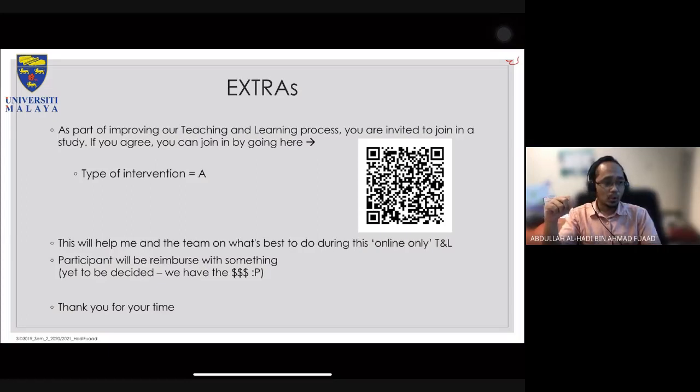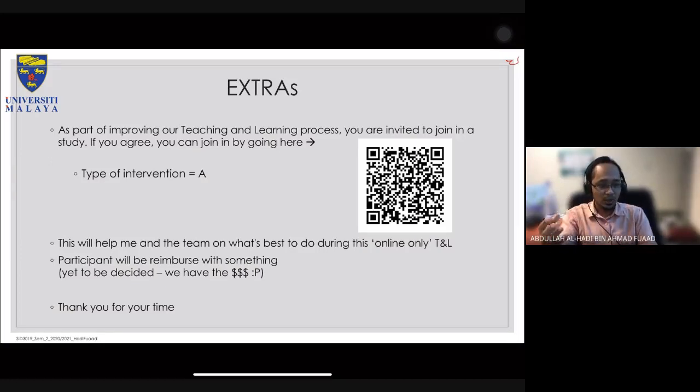So what we are trying to do is use a platform in Spectrum where we can embed questions. I think some of you might have encountered this during your SID3004. The questions will be embedded in the pre-recorded lectures.